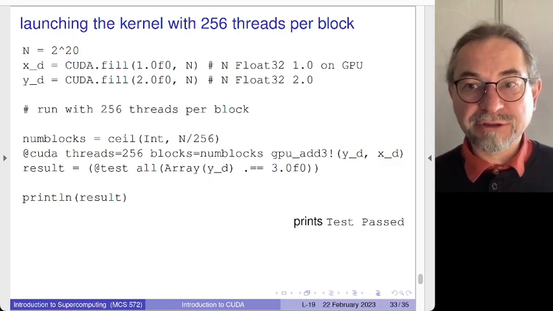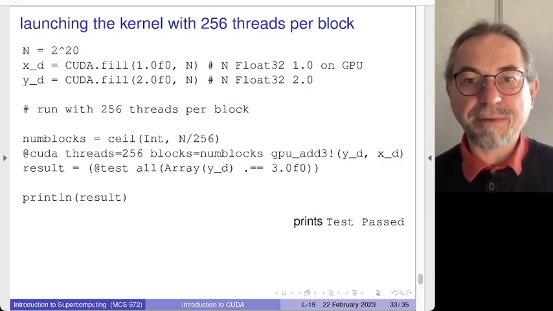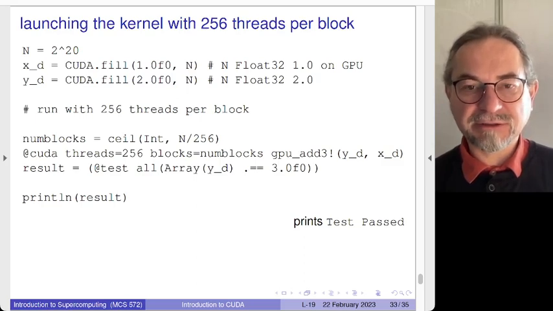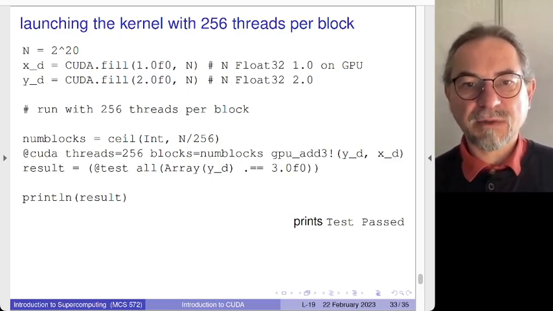We will launch it with a number of blocks, which is these 1 million, 2 to the power 20, divided by 256. The division is by default a floating point number, so we take the closest, largest integer with the ceil. Okay, and that's it.